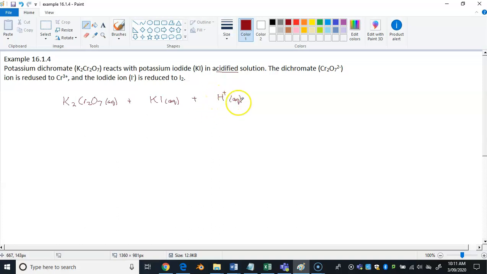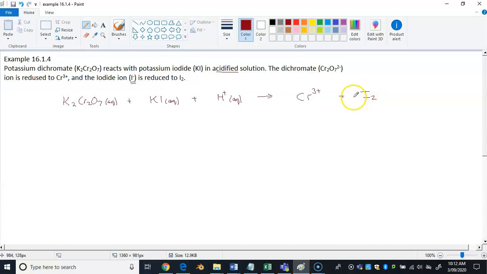We're just going to keep them as H+ for simplicity's sake. And we're told that the dichromate ion, which is this part here, is reduced to Cr3+, and the iodide ion is reduced to I2.